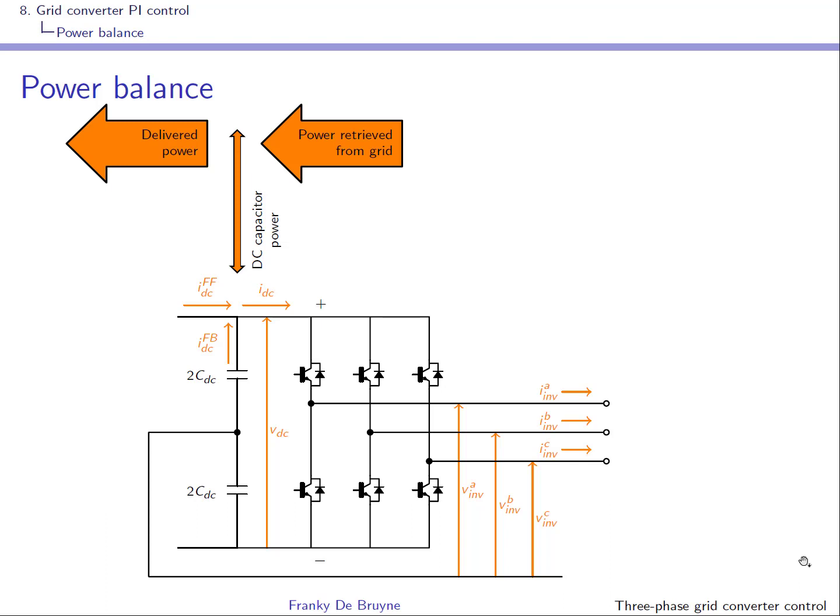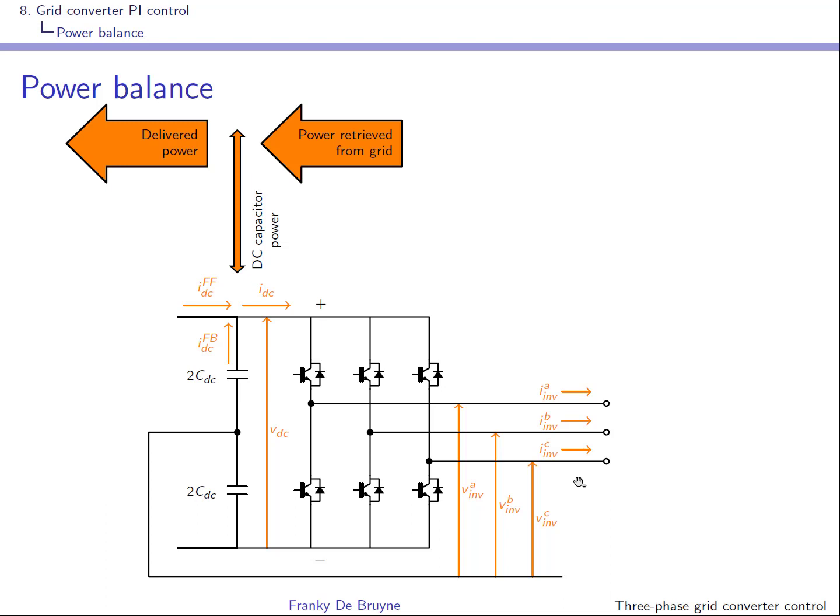So the job of the DC bus controller is to retrieve power from the grid to compensate that. This is done by setting this current here, IDC, but we know that we are working on the AC side of the inverter.